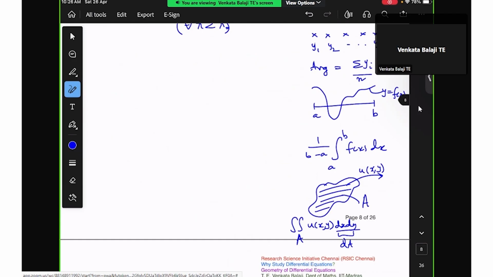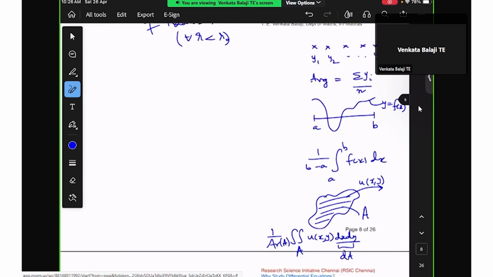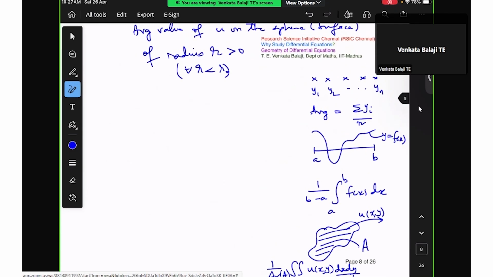Then what is the average? You divide by the area, so 1 over the area of A. This is the two-dimensional case. Now you know how to do this. If it is a three-dimensional integral, then you take the volume integral and divide by the volume.